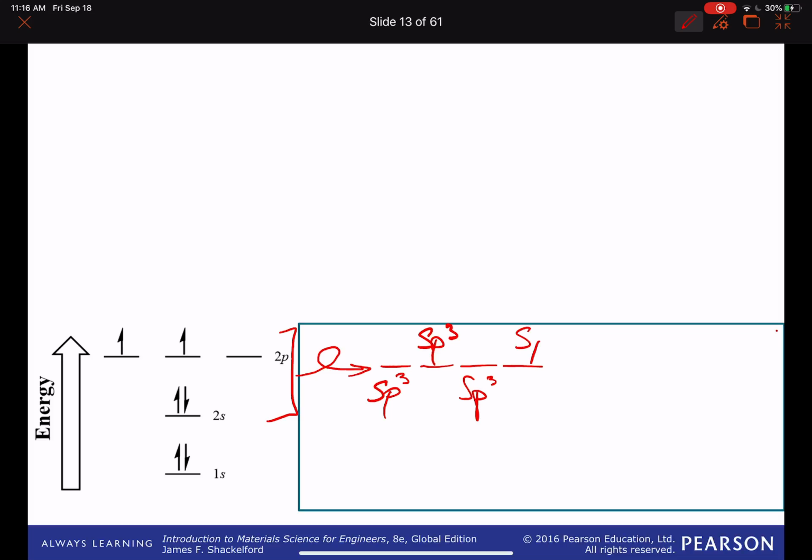Okay, and so these are all the same. They're all degenerate in energy. They lie on the same energy level here, and this hybridization is possible from the quantum mechanical handling of these atomic orbitals because they're close in energy.